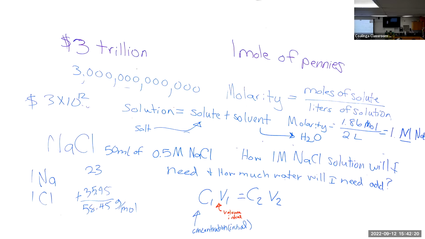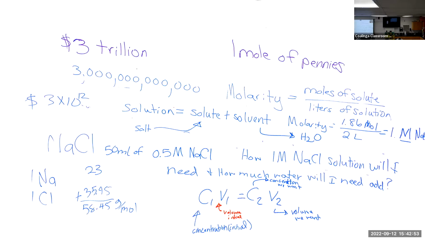Now C2 is going to be the concentration, and then V2 is the volume.